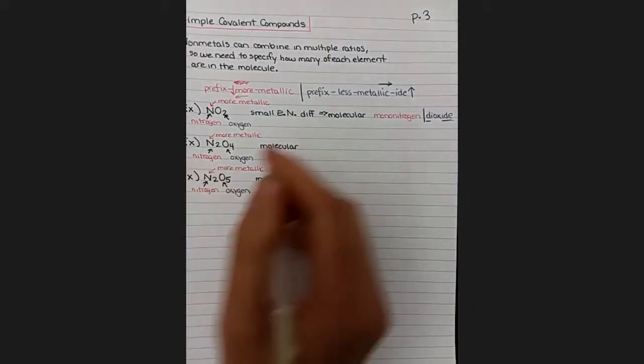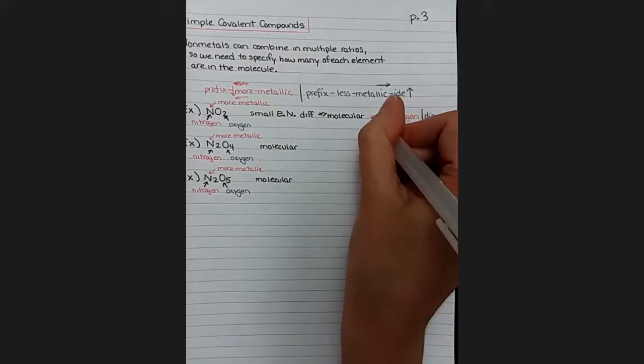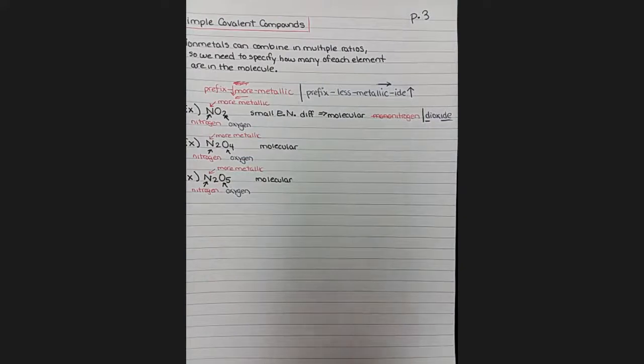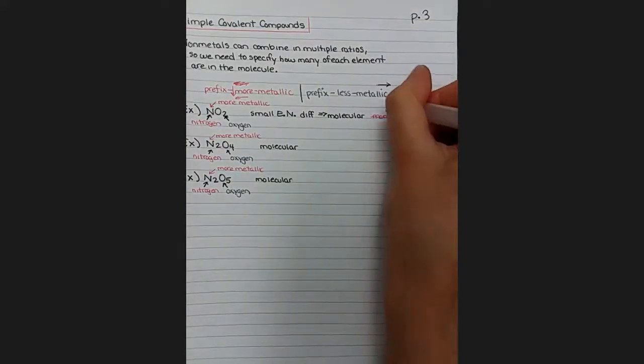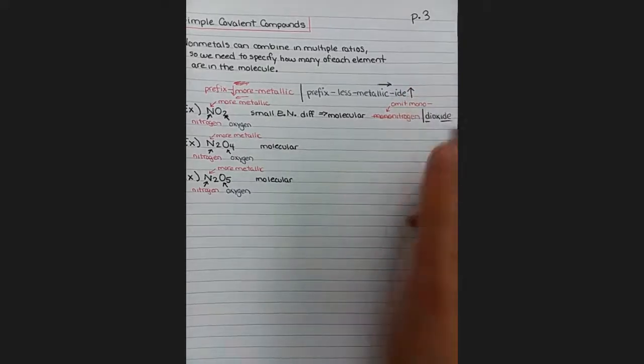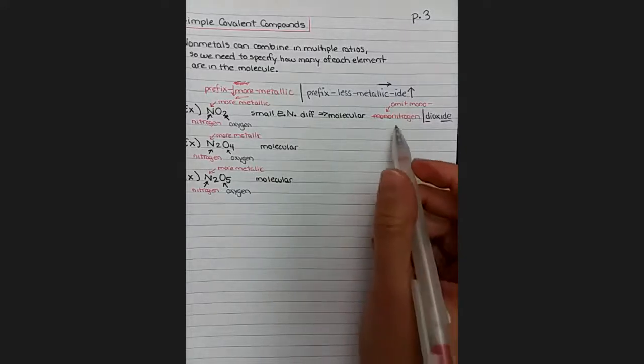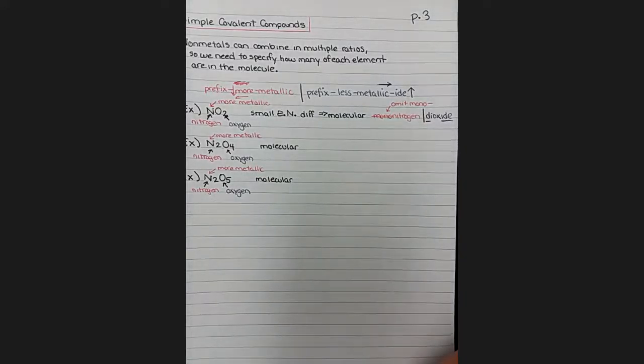And now I'm here to tell you that this is not actually the correct name and that the mono part is not included. So there is a special rule. We omit the prefix mono if it's at the very beginning of the name in the more metallic side, because that way the name is a little bit less short.